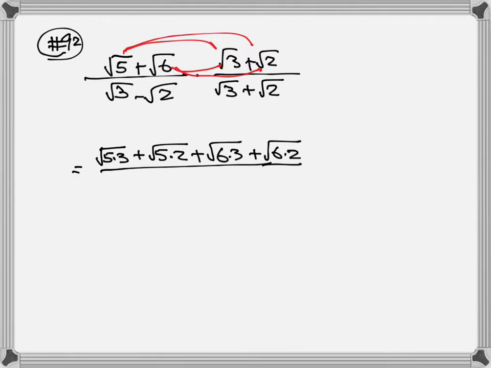For the denominator, also the same thing. We're going to do FOIL method. Actually, I'm sorry, for the denominator, we don't even need to do that because that's waste of time.